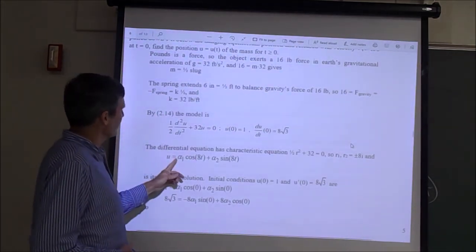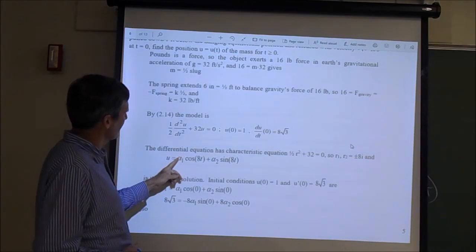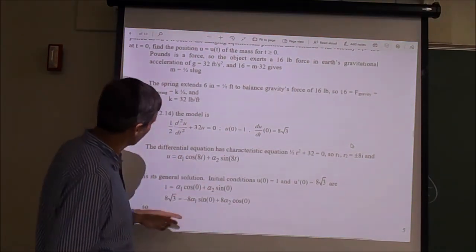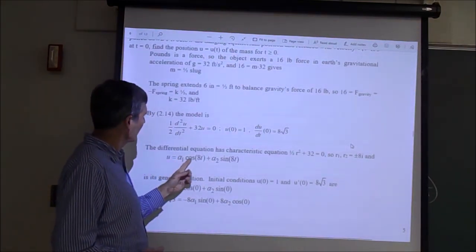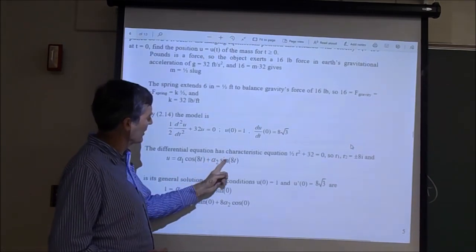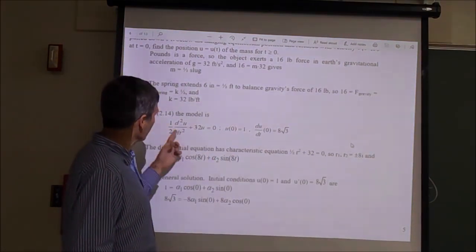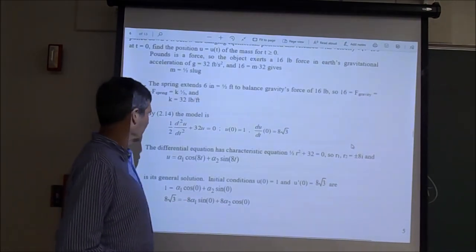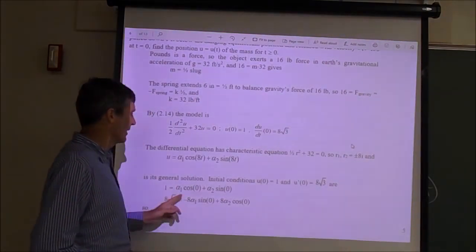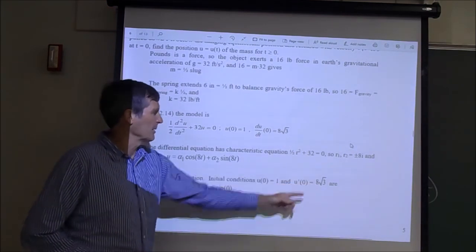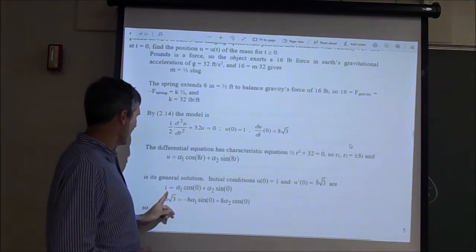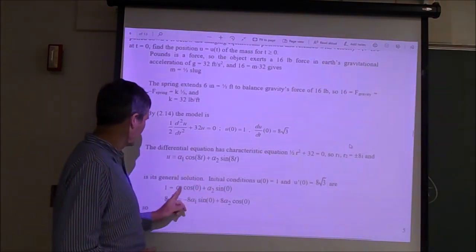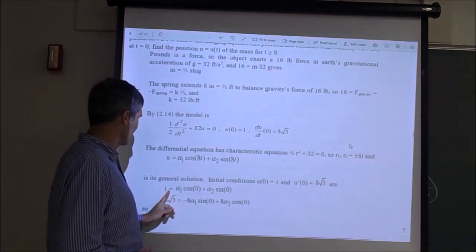It follows that the general solution has arbitrary constants. I call them alpha 1 and alpha 2 instead of c1 and c2 here for some reason. But alpha 1 cosine 8t plus alpha 2 sine 8t is the general solution of the differential equation for the motion. Initial conditions will determine the specific motion, right? So if I put u of 0 equals 1 and u prime equals 8 square root 3: first I put in 0 for t and 1 for u, and I get this equation.